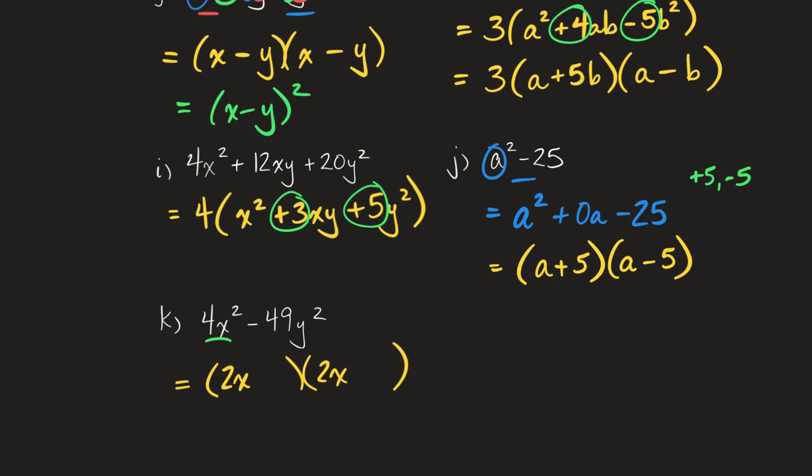Well, maybe that's a 2x times a 2x. And then we learned from question J that if I have the same number but opposite signs in between, then my middle terms could cancel out. So maybe then I take a look at my 49y squared and I say, hey, 2 numbers that multiply to 49, 7 and 7. So I would have a 7y at the end of both brackets. Well, how do I get my middle terms to cancel out?